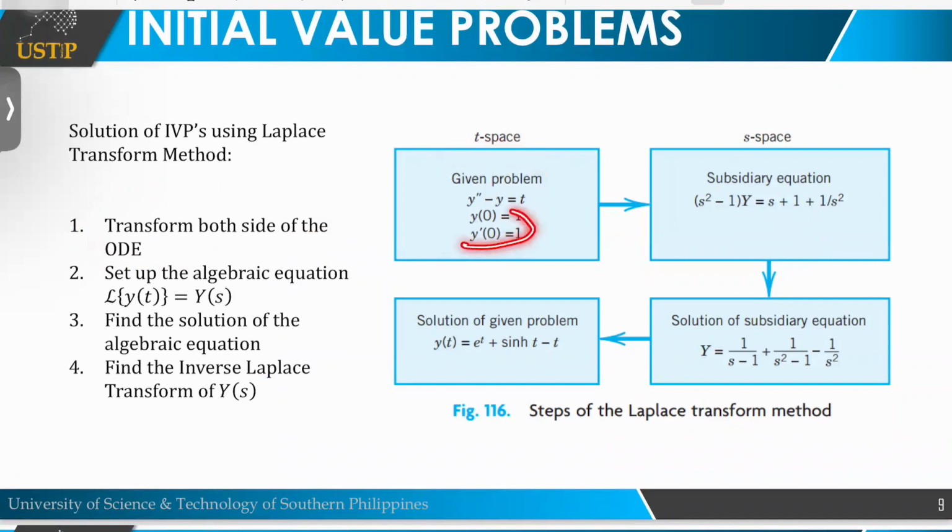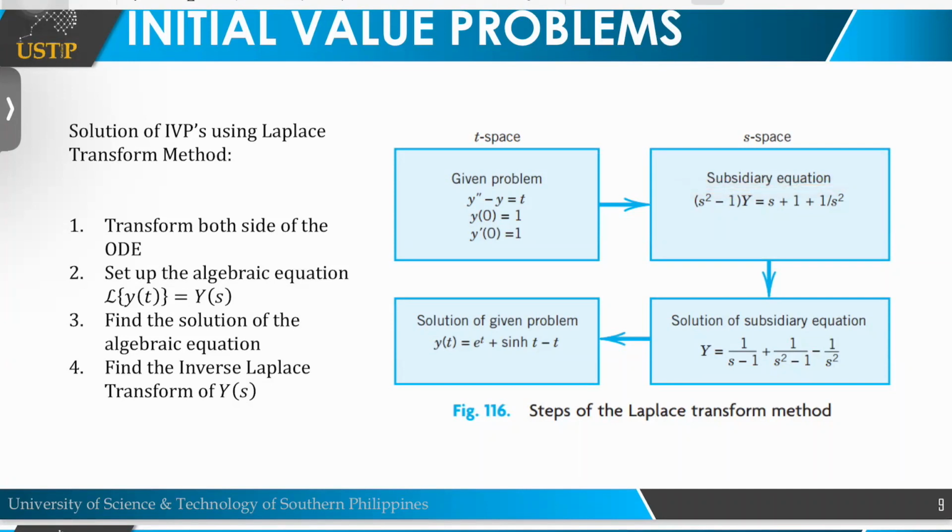You are given the initial value condition. So getting the Laplace transform of each of both sides, we get S's, class. Of course, if it's already in S, it is in the S domain. So, we call it the subsidiary equation. Okay?